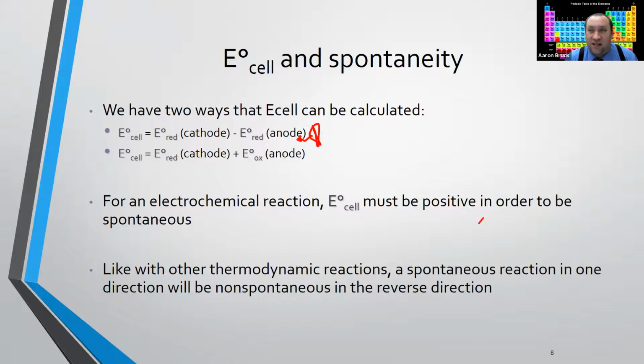The only time we consider anything about equilibrium is when the battery is dead, basically. When there's no voltage going through it at all, that's when we talk about equilibrium, because at that point delta G is equal to 0, and we see an equilibrium between the two reacting systems. This is going to follow a lot more like what we saw with thermodynamics. It's going to be spontaneous in one direction, non-spontaneous in the other direction.